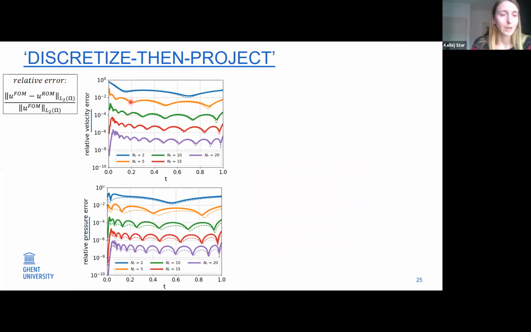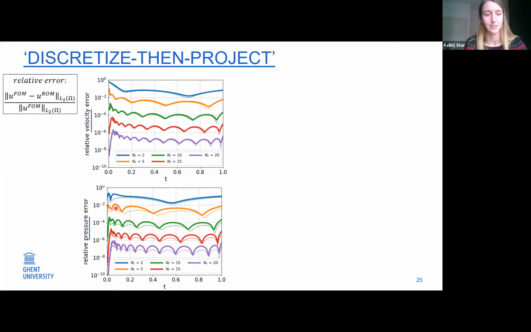I want to show you a bit of the results and the error that we're making, because reduced order modeling is always a trade-off between the computational gain and the accuracy. Here you can see the relative error for velocity and the relative error of pressure.